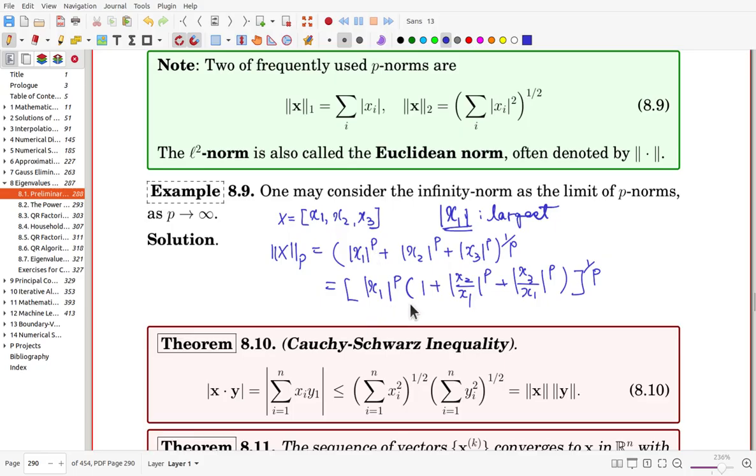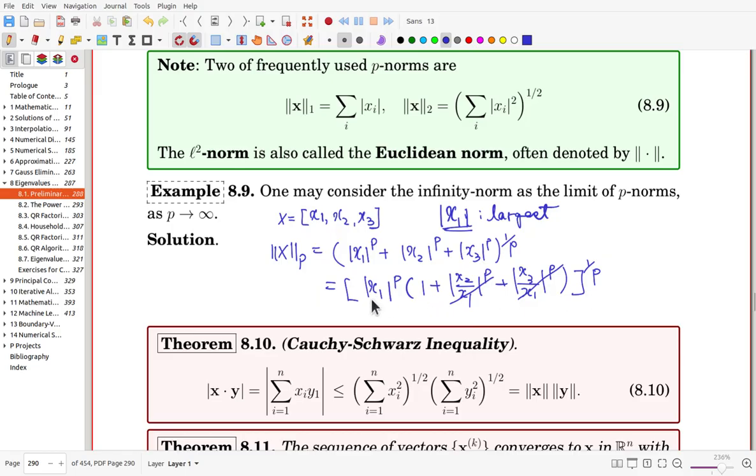Now, as p increases, since x1 is the largest, these ratios are less than 1, so they approach 0. So eventually, as p increases, we may ignore this portion and that one.